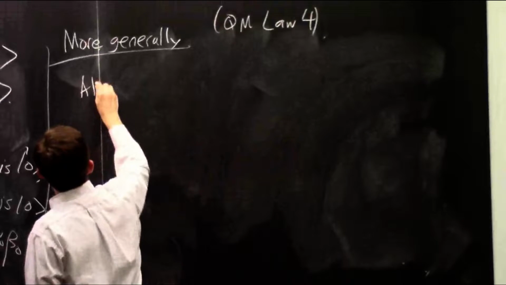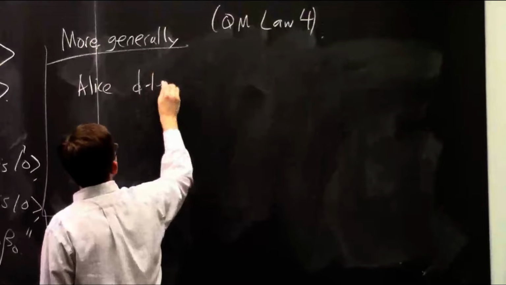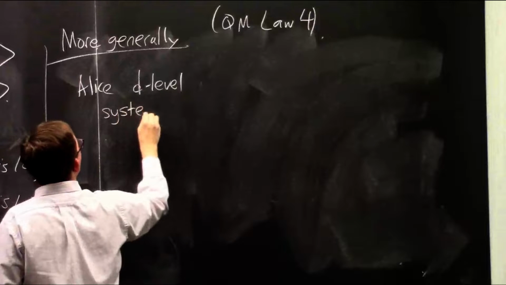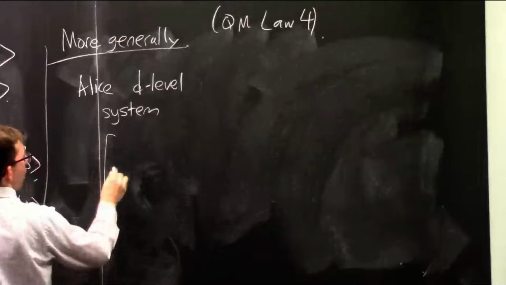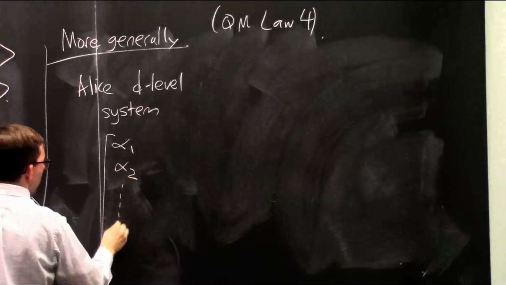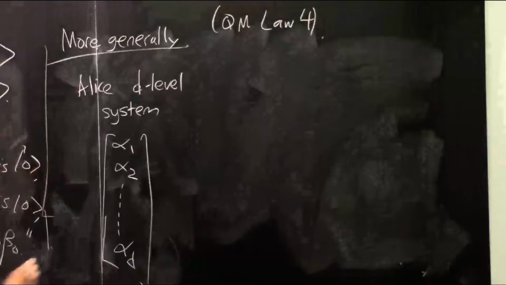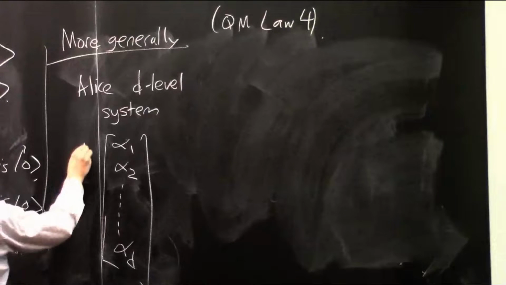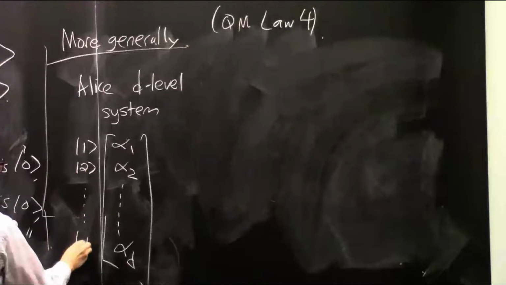If Alice has a particle that's d-dimensional, a d-dimensional qubit, or sometimes called a d-level system, then that particle will have a state that's defined by d complex numbers, d amplitudes, whose magnitude squares add up to 1. And usually we call these basic states 1, 2, up to d.